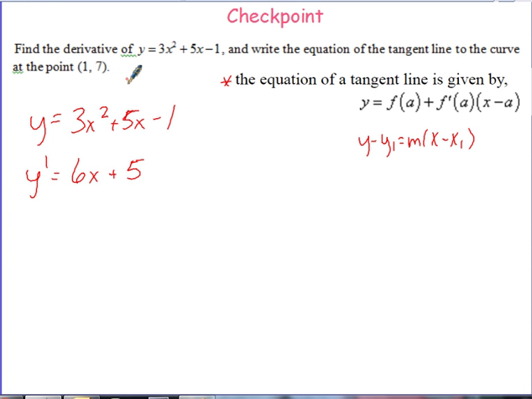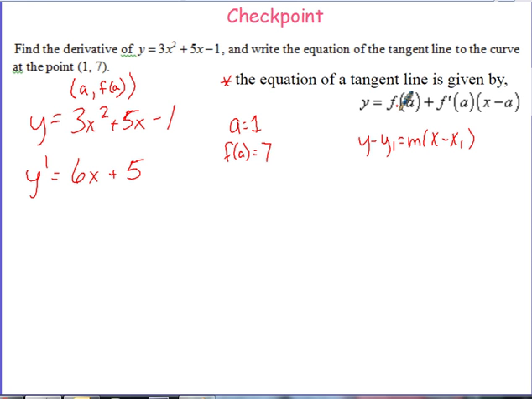That's what every xy coordinate means: when you plug in x, this is the y you're going to get, correct? So I can call this point a, and I can call this f of a. Does everybody agree with that? When you plug in your a to the function, it's right there. So I know a is 1. I know f of a is 7.